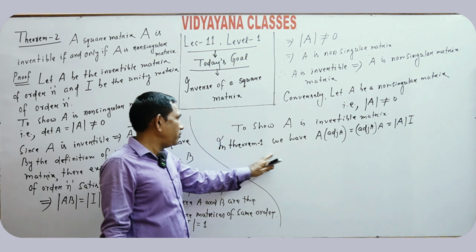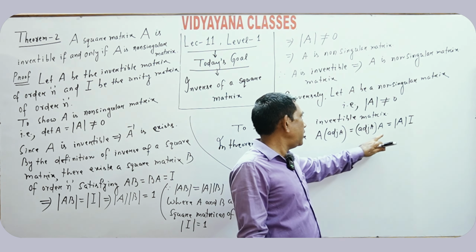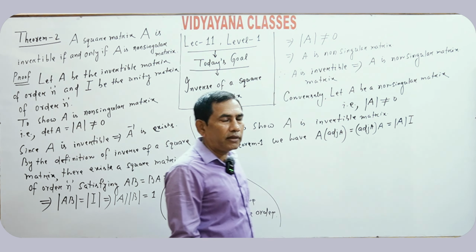In theorem 1, we have A into Rj is equal to Rj into A is equal to determinant of A into I.